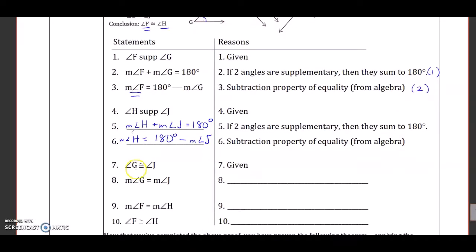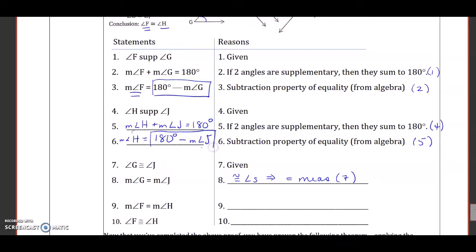So now I'm given angle G is congruent to angle J, which means if we have congruent angles, then they have equal measure. That comes from 7. Sorry, this came from 4. That came from 5. So now I know I need to use lines 3 and 6. So looking at 3, F is equal to that.